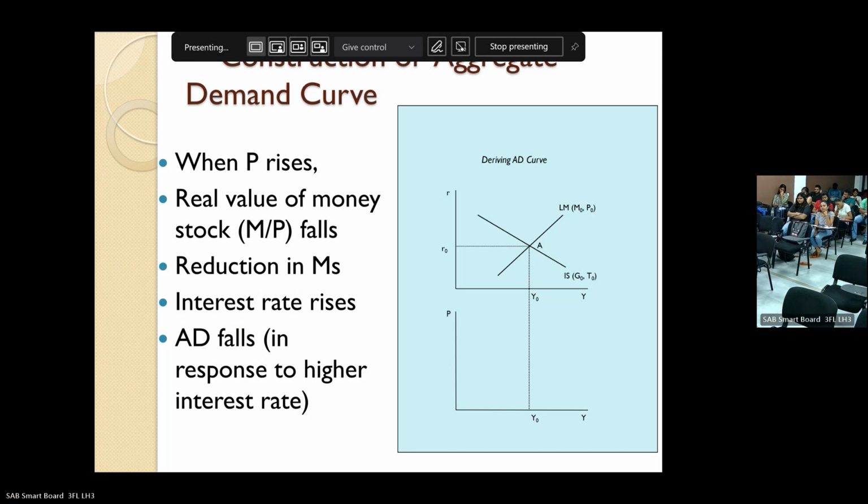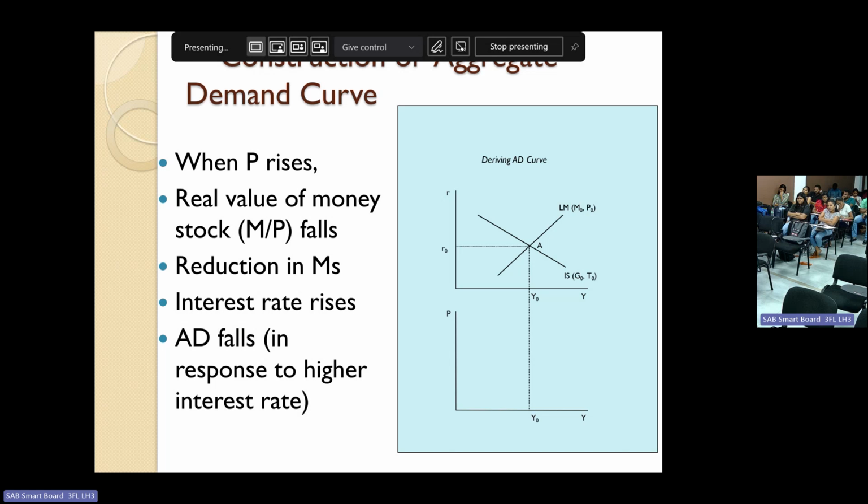On the LM curve, M0 and T0 are the shifting factors. The price level is also a shifting factor. Now, we assume the price increased.